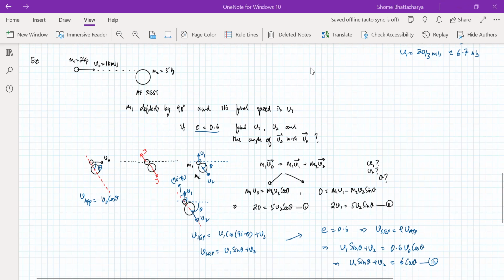Right. So let us see the solving of these equations.